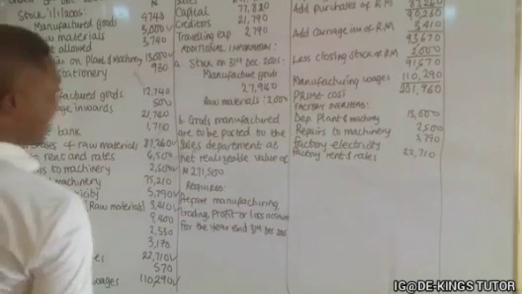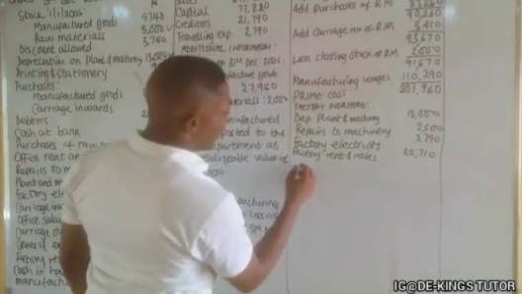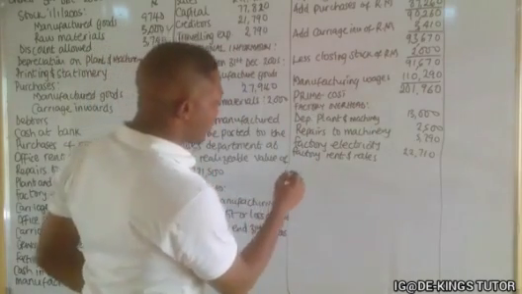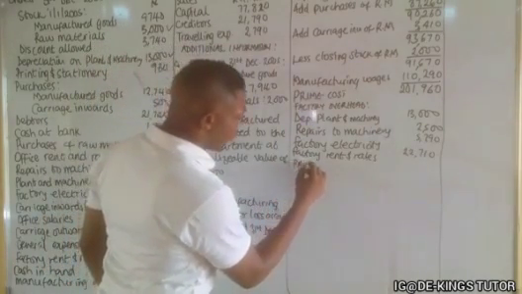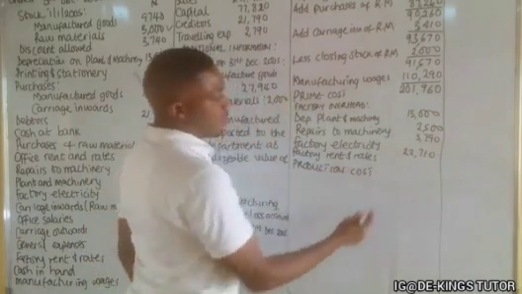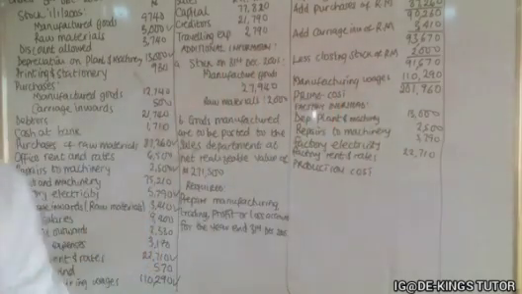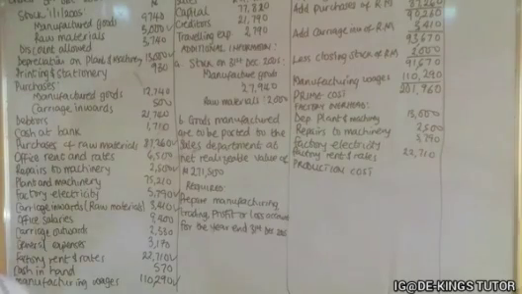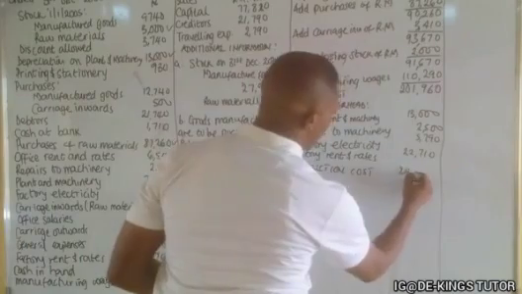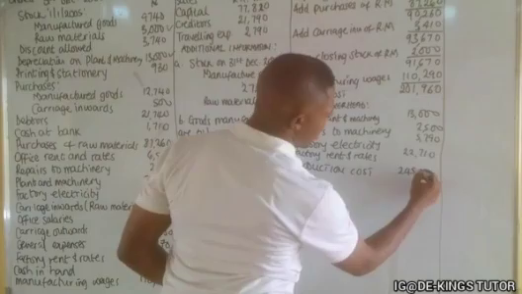Okay, so let's add them together. Since there is no work in progress, they didn't give us any value for work in progress, so it becomes our production cost or cost of production. When we add up all this, it should give us 245,960.